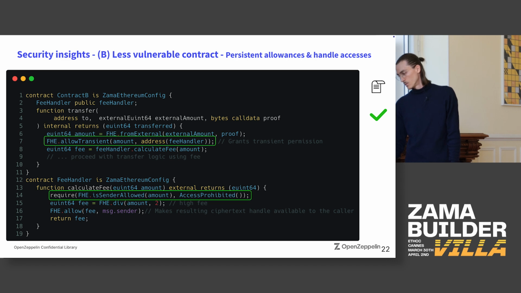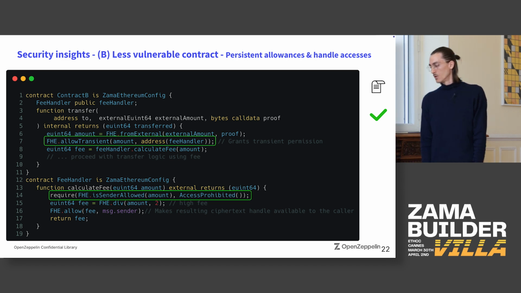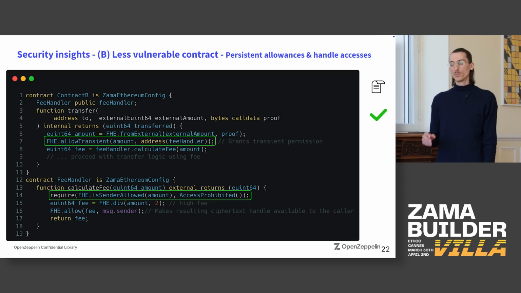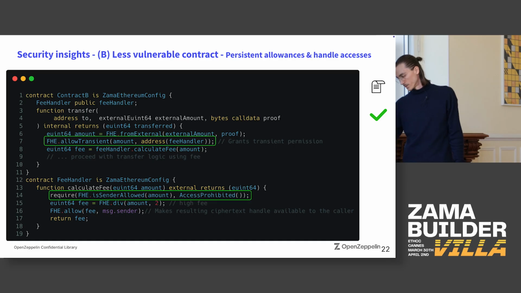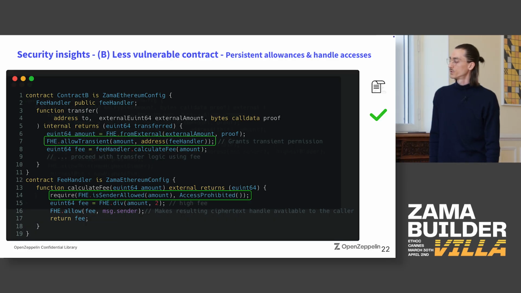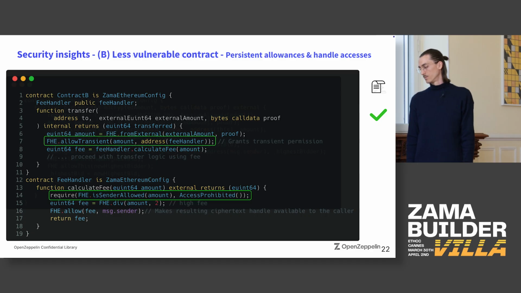Usually it's recommended that when you grant permissions on a handle, it's best to use transient allowance. It's cleaner, it's safer. So if it's possible, just do it. And what's important here is that at line 14, the contract verifies that the sender is allowed to access this handle.